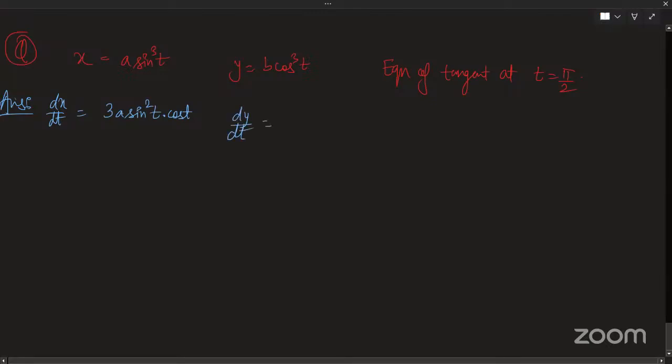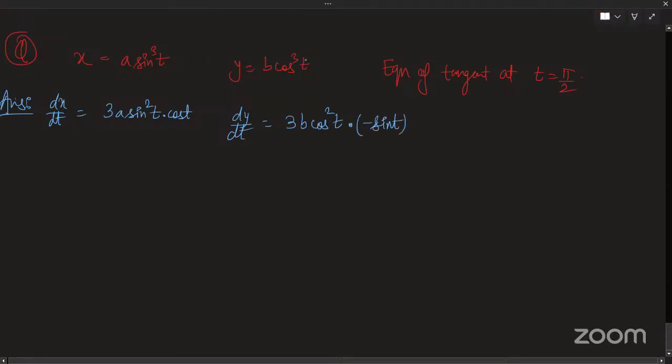Who will tell me? Shravani? 3b cos square t into minus sin t.